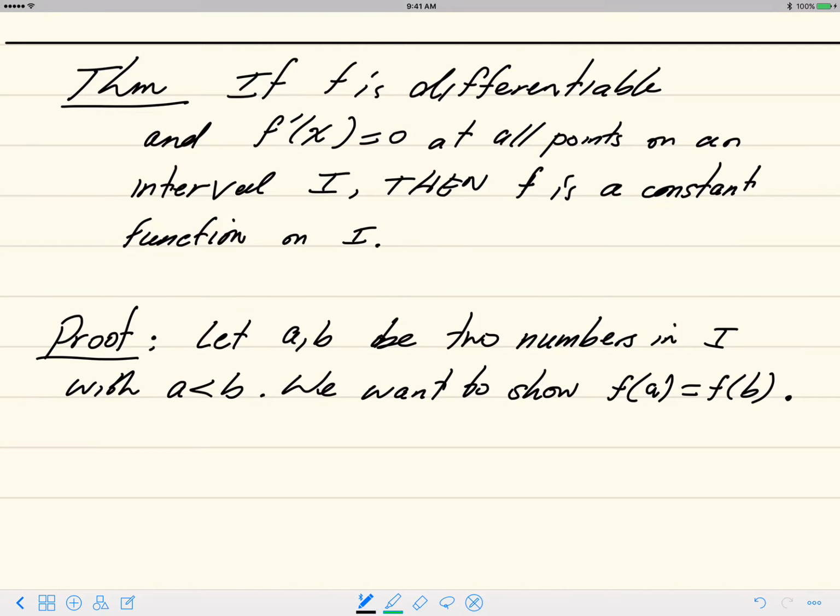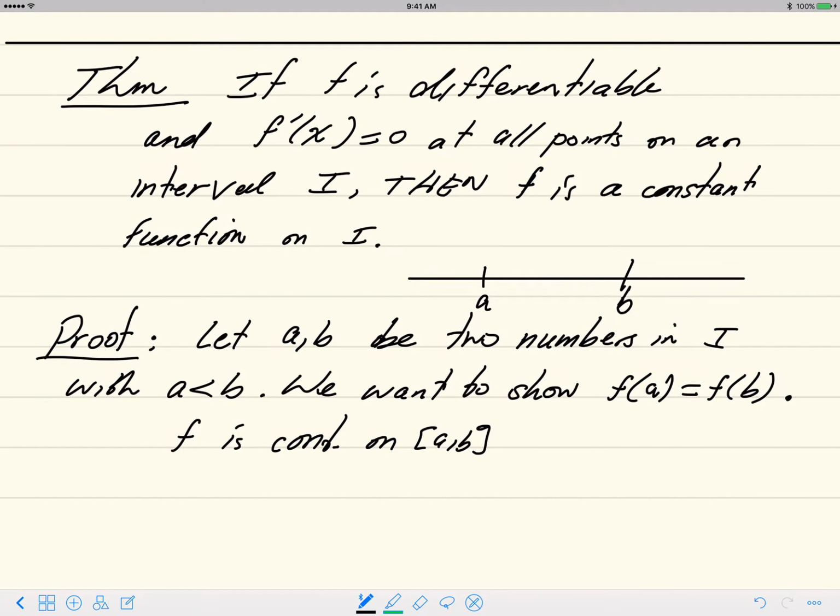So we're choosing a and b within the interval. So we know that f is continuous on the closed interval [a, b]. Now f is differentiable, so we're choosing a and b to be just two numbers in the interval.